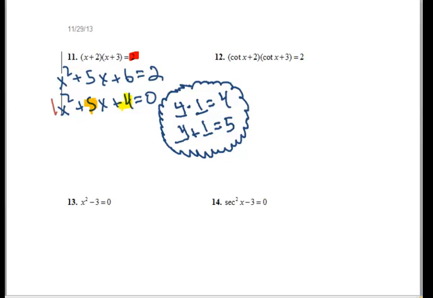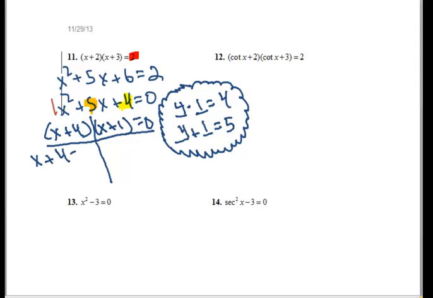But now the nice thing is, I'm done basically. Those numbers give me exactly what I need inside my binomials, positive 4 and positive 1. And what goes at the beginning of the binomials? How do you get x squared? X times x. So it's just x plus 4 times x plus 1 equals 0. And now, apply the 0 product property.